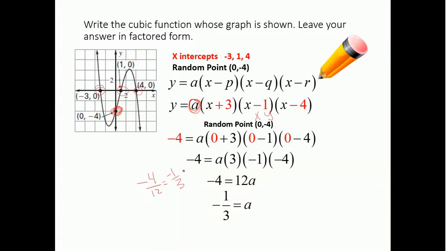So now what I'm going to do is take that -1/3 and put it up there. So my equation for my cubic function in factored form, because it would be silly to multiply this all out, I will get y equals -1/3 times x plus 3 times x minus 1 times x minus 4.